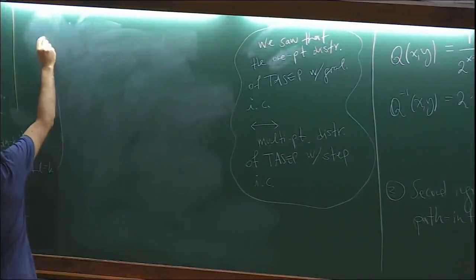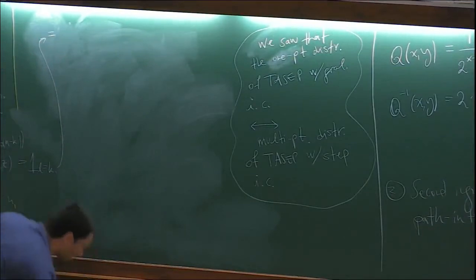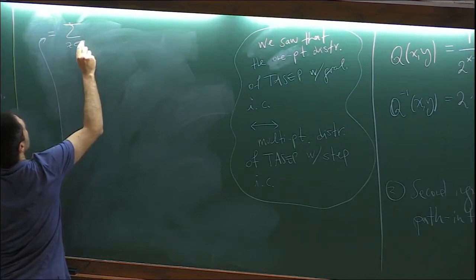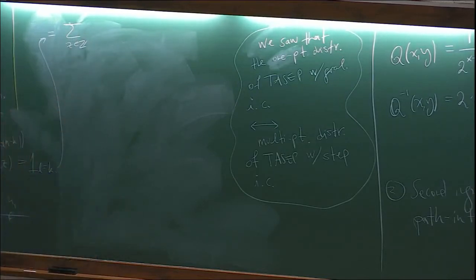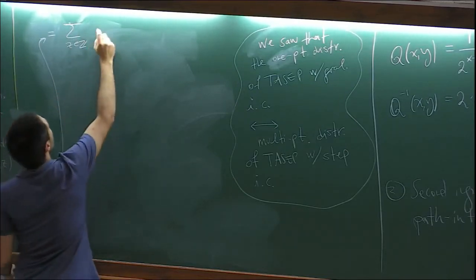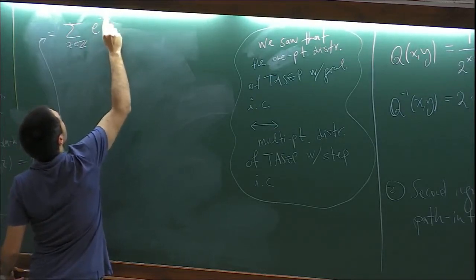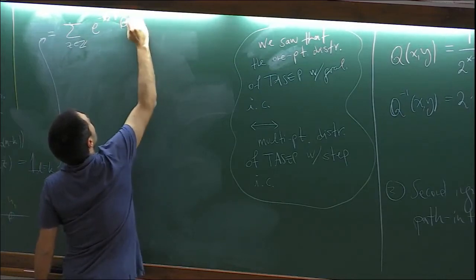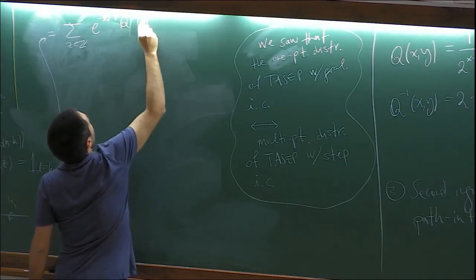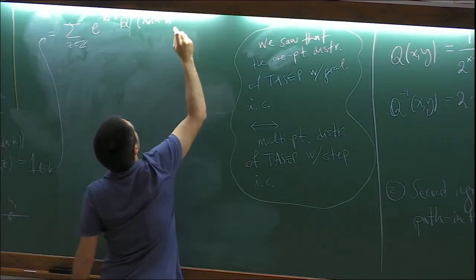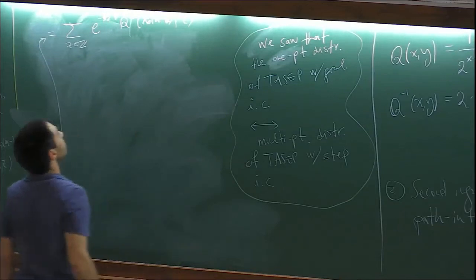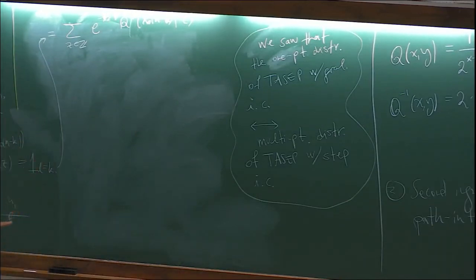So this equals the sum over the integers. So my psi k, I wrote it in this other way, so I'll write it as e to the minus t over 2 grad minus q to the minus k x0 n minus k comma z. And I did not write the e to the minus t over 2 because it's going to cancel with the e to the t over 2 on the other side.